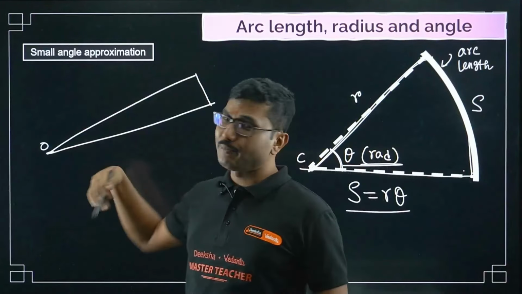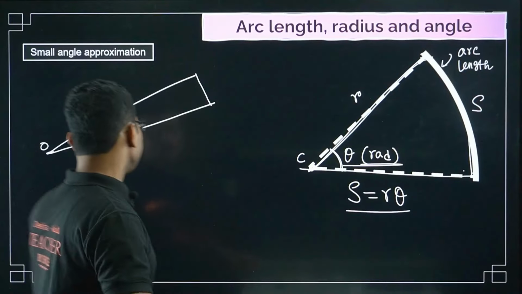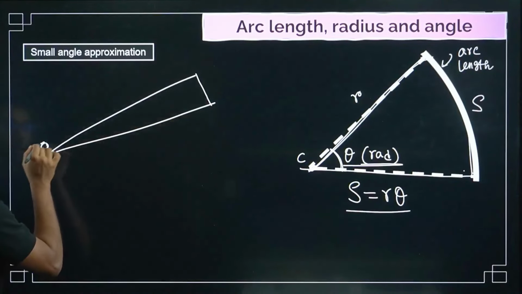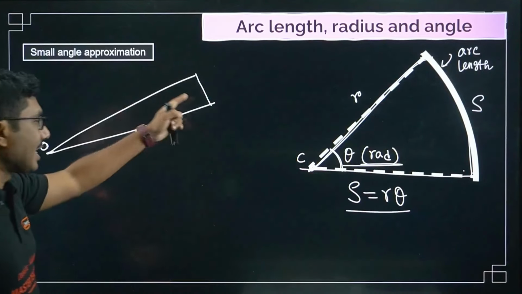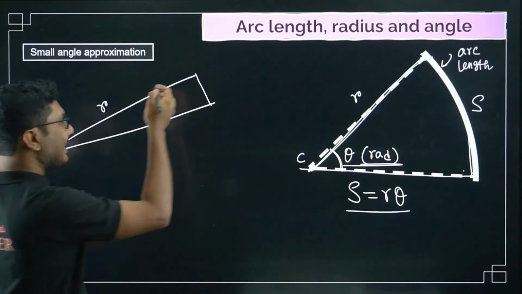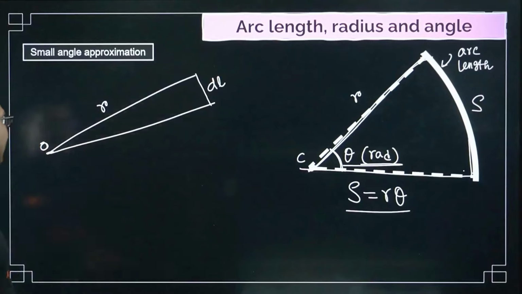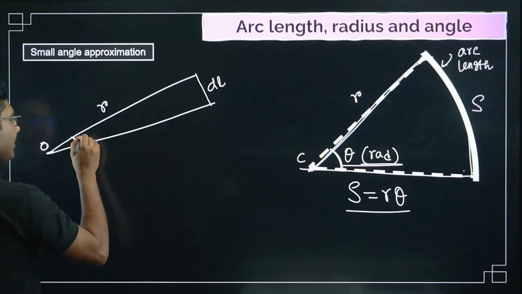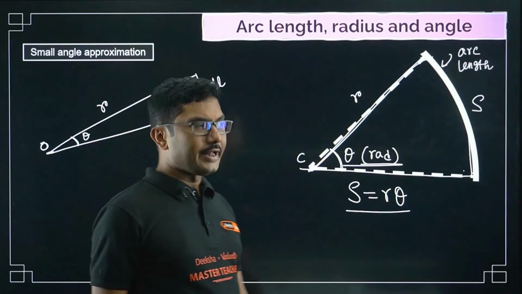Generally we say the electric field at some point, so we denote it by point P, right? So this can be your point O or point P, whatever it is. If this distance is very large and this length, say dL, is very small, then this angle theta is also very, very small.